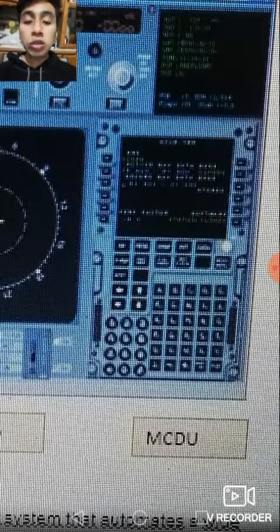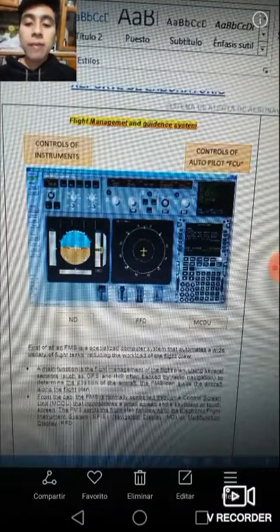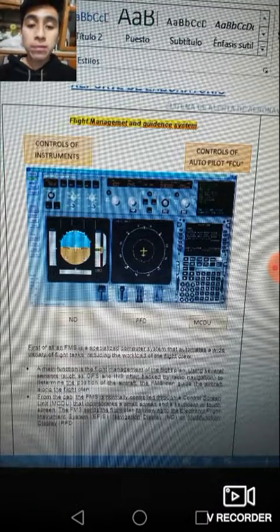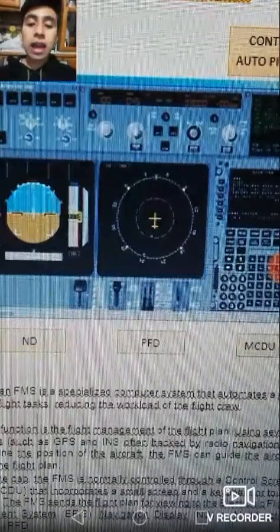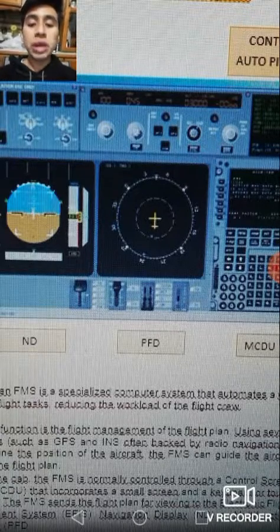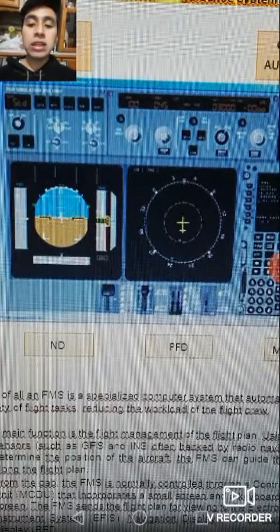The pilot enters different data in this computer. This keyboard has a connection with the computer. This computer receives all this data. Then I can see this data in relation with the PFD, primary flight display, and the ND, navigation display.